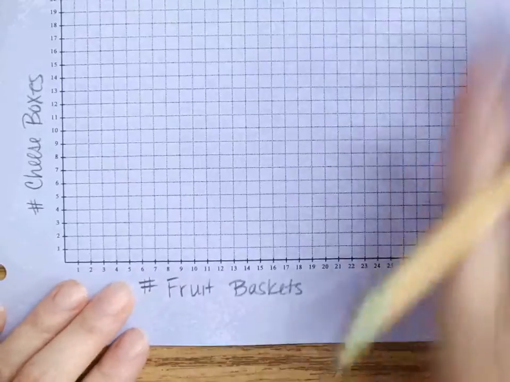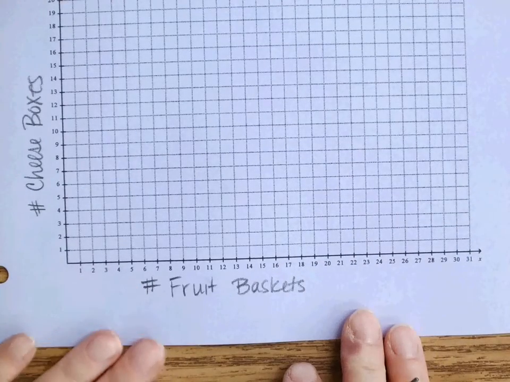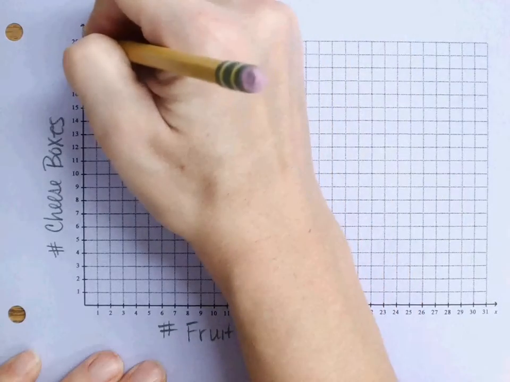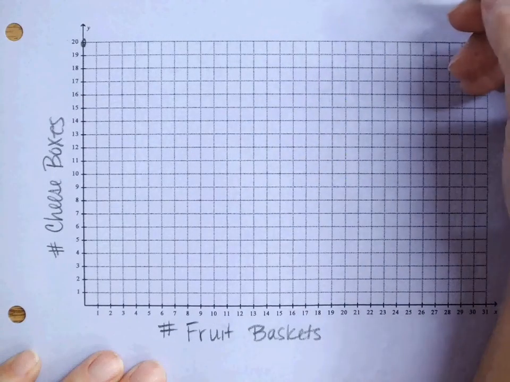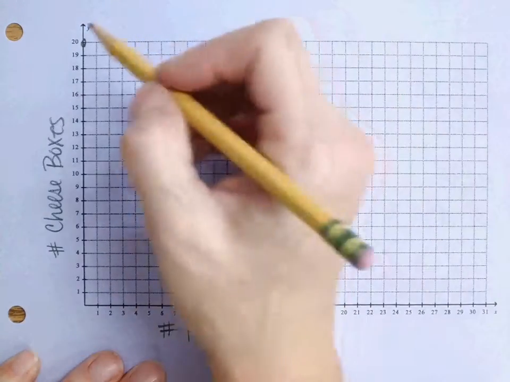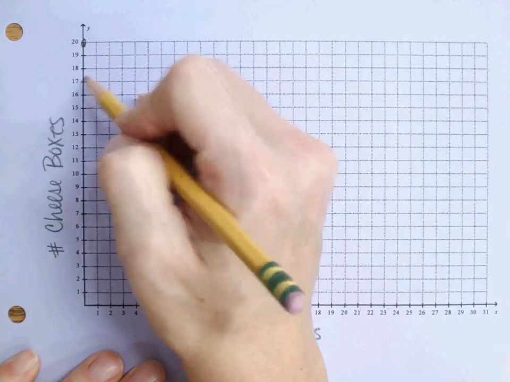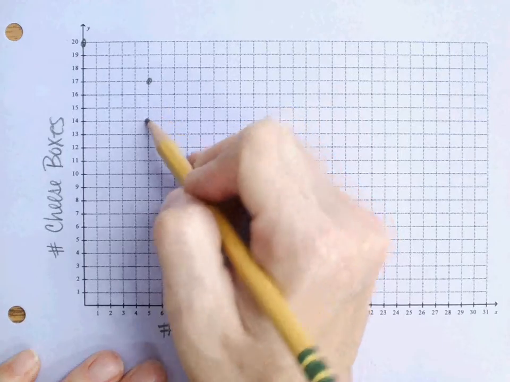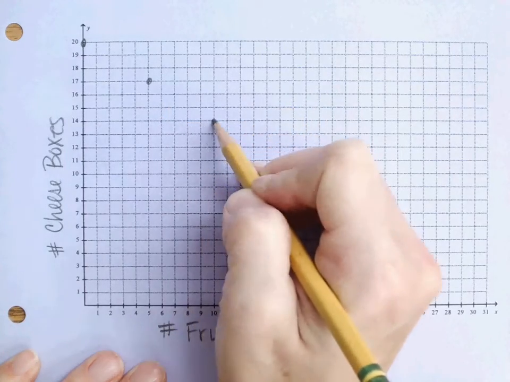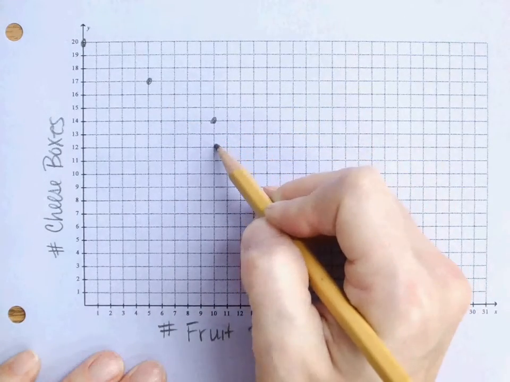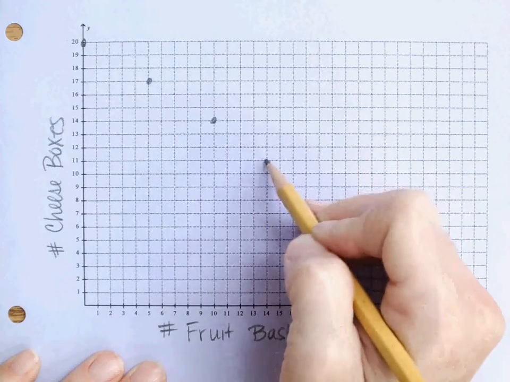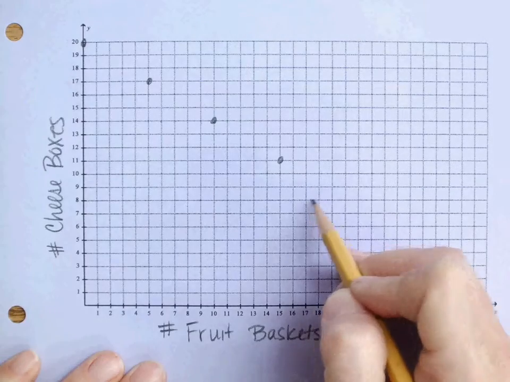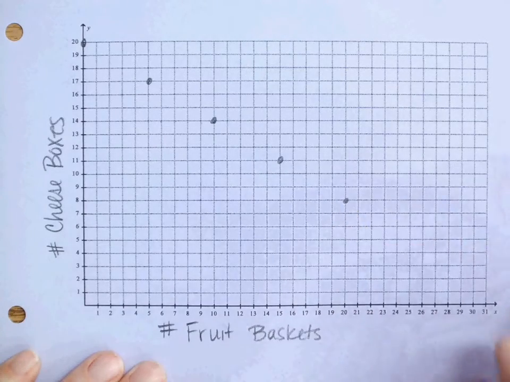And so from here, we're going to graph this. Our starting point is 20, so find 20 on your y-axis. Then our slope says down 3, right 5. So go ahead and do that. All the way down.